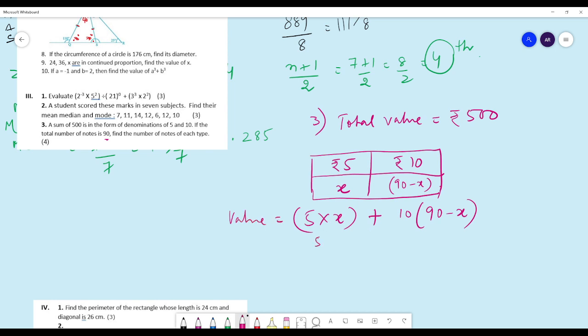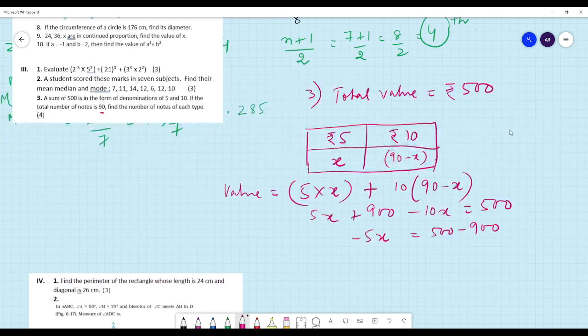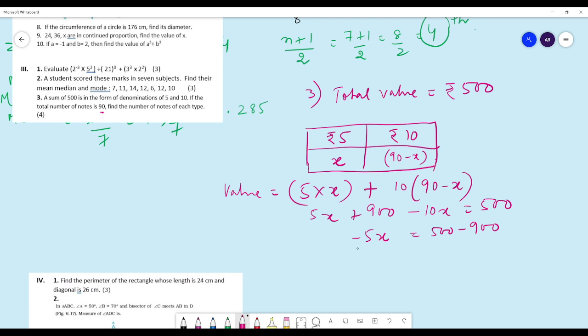So what do you get over here? 5x plus 900 minus 10x equals to 500. So you have minus 5x equals to 500 minus 900 over here as the sum. So this comes to minus 5x equals to minus 400. This implies x equals to 80.